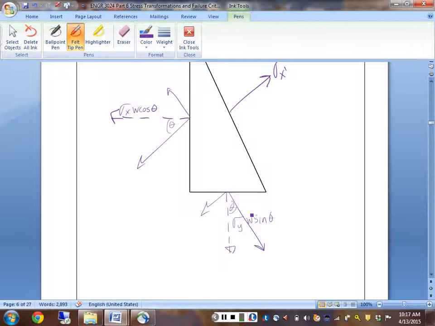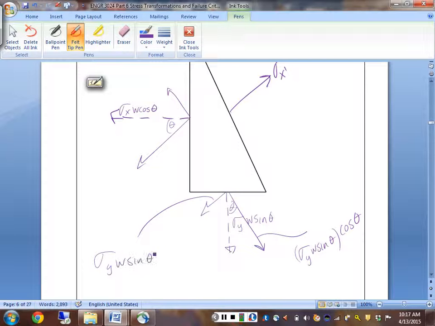So this one here, sigma y W sine theta times, that guy is going to be times cos theta, and this guy is sigma y W sine theta times sine theta.